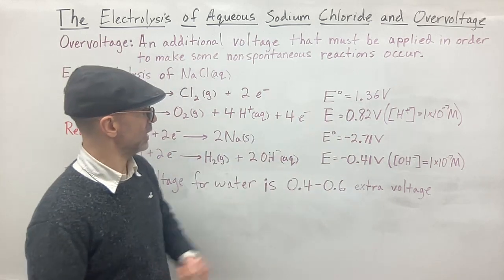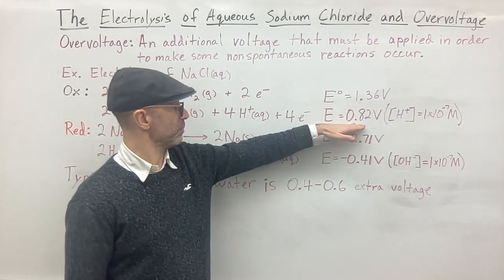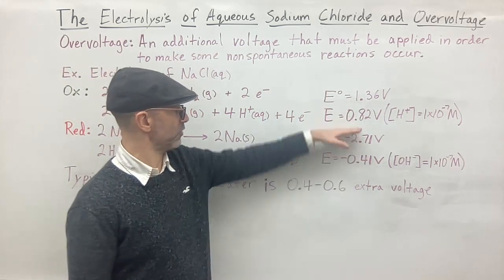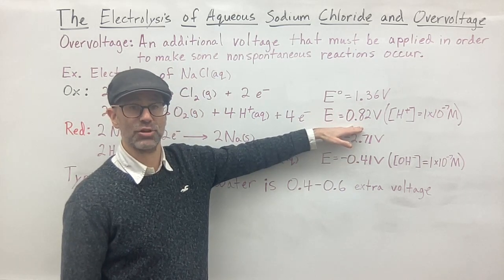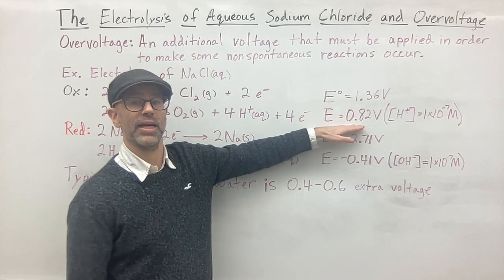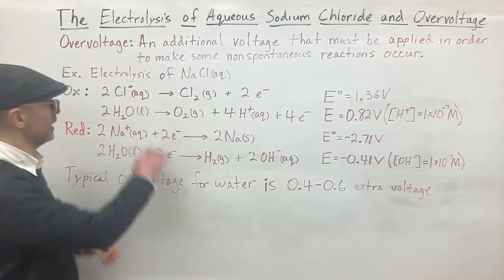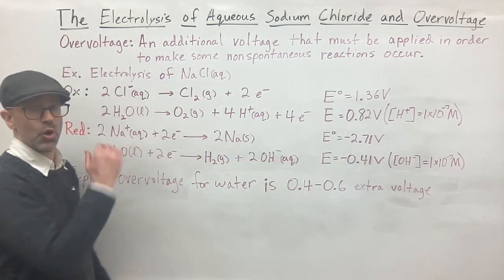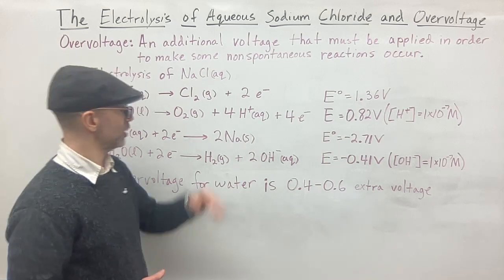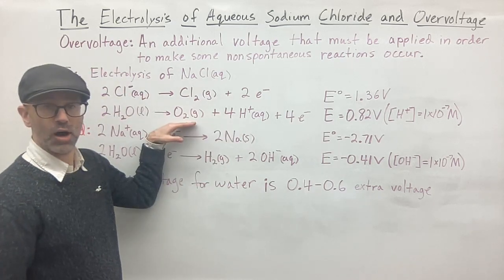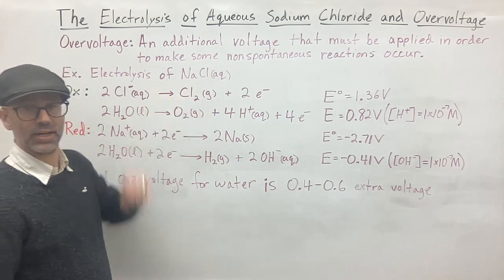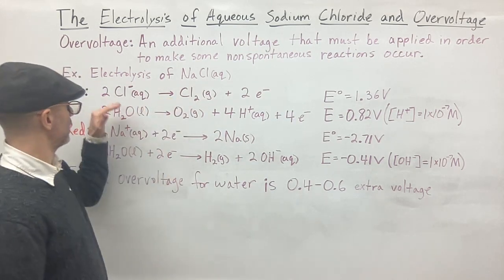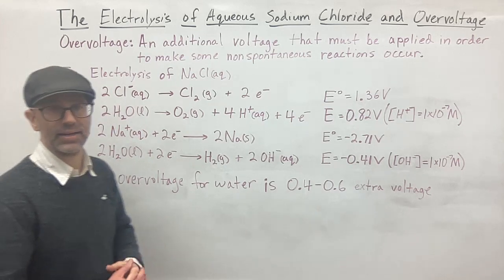If the overvoltage is 0.6, that's the extra voltage you would need to add in order to actually get the oxidation of water. Without that overvoltage, the oxidation of water would not happen, and you get chlorine production instead. So you get the oxidation of the chloride ion instead.